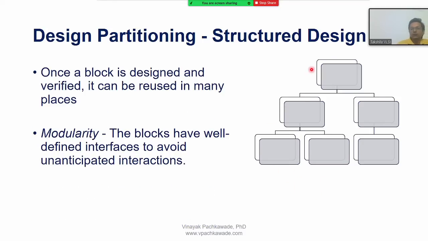As I explained, once each block is designed, it can be used in many places. They call such reuse intellectual property, IPs, right? So next time when your company receives another project, let's say many of the system specifications are the same and only a few changes are needed.